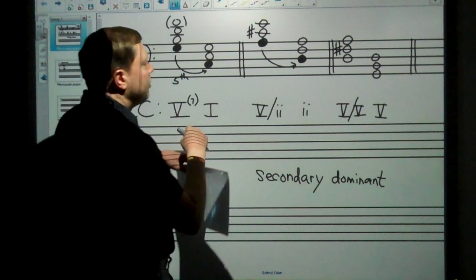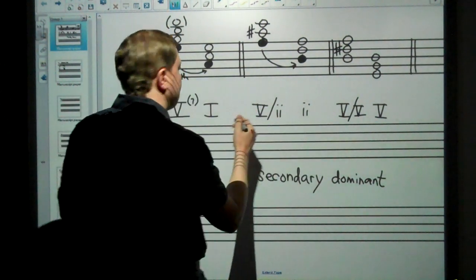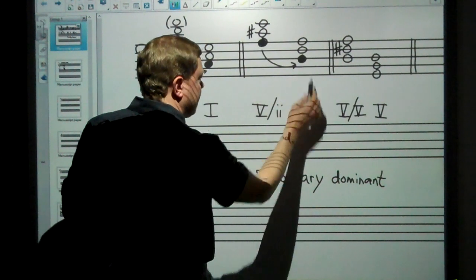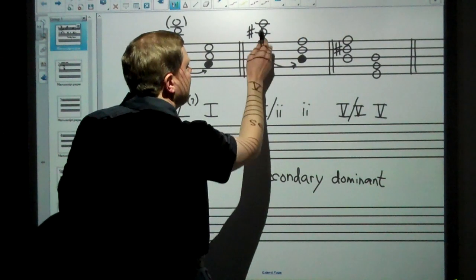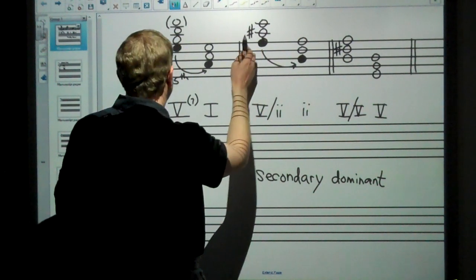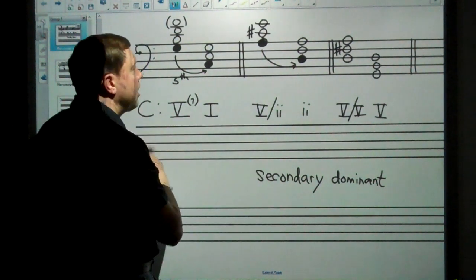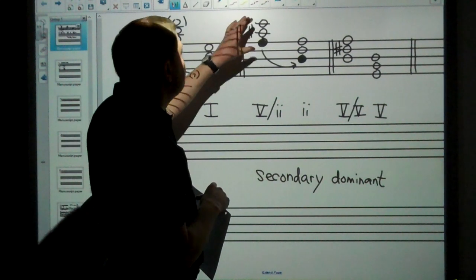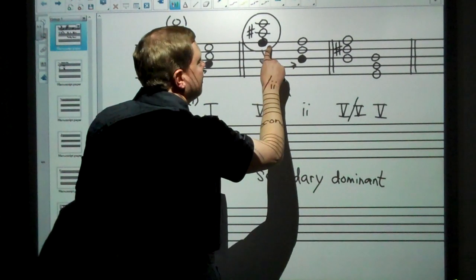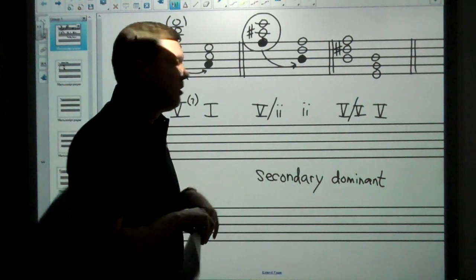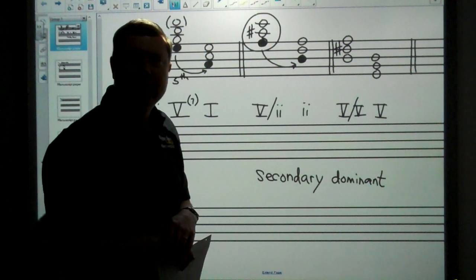So we kind of have to think of this as, yes, I can analyze this chord in C major as a 2, but I can't make sense of this chord that contains a C sharp when I'm in the key of C. The only way I can make sense of this chord is to say that this chord is acting as a dominant to this chord, which is not tonic.